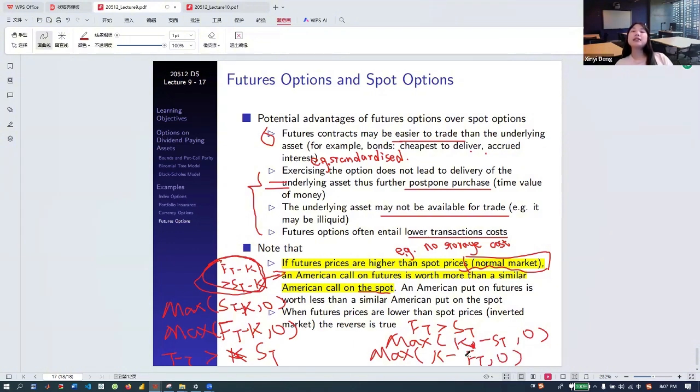Since FT is greater than ST, the payoff associated with futures puts is going to be smaller, since FT is larger, right? Therefore, it is going to be smaller than the payoff from the regular put on the spot. So that's how we derive this sentence here.